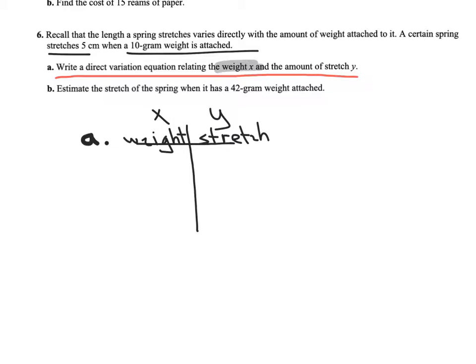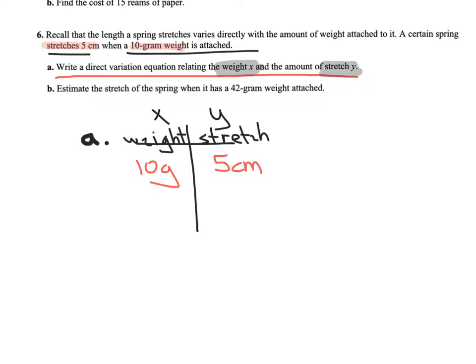The weight is X and the stretch is Y. Okay? So I'm going to use now what I was told in the problem, and that is that my spring stretches 5 centimeters when a 10-gram weight is attached. So that's just my information.